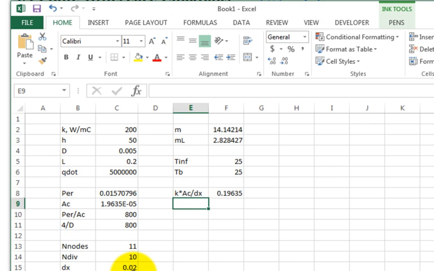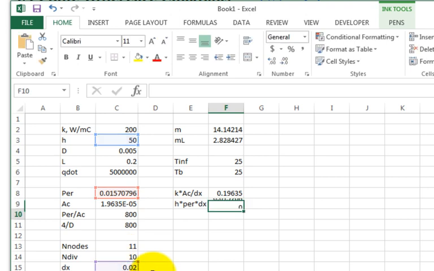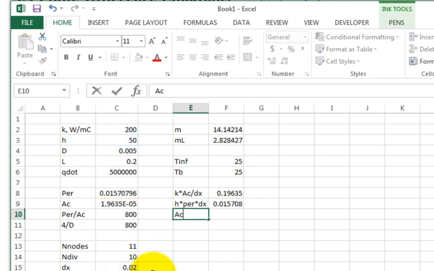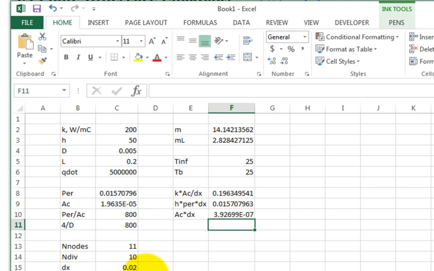And then we're going to have h times the perimeter times dx for the convection. So we're going to have the convection times perimeter times dx. AC times dx, cross-sectional area times dx. That's for the volume.